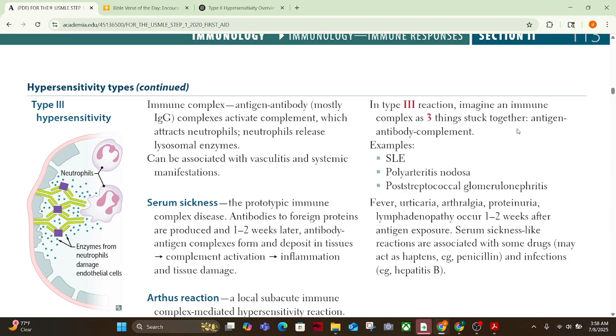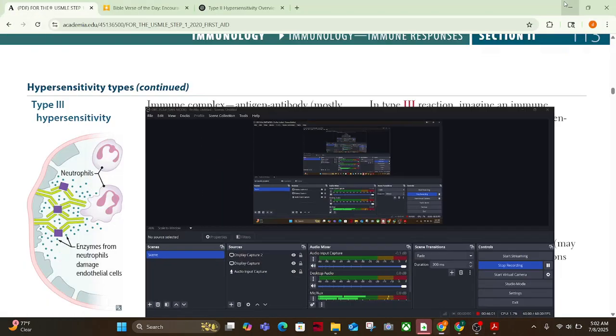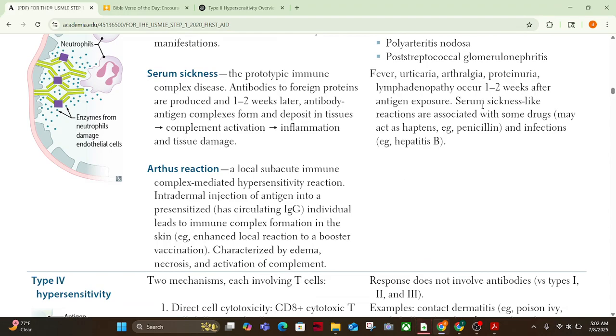So this is when somebody gets an injection of an antigen into someone who already has circulating IgG. So I know that was worded quite strangely, but basically, when I said this guy has been exposed to these antigens before, when he first got injection, he got exposed.